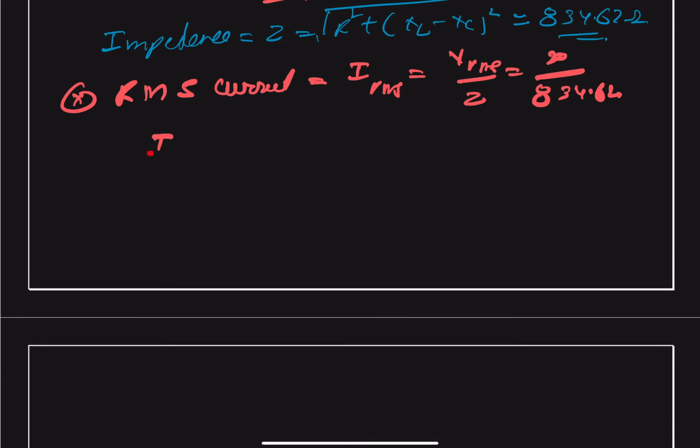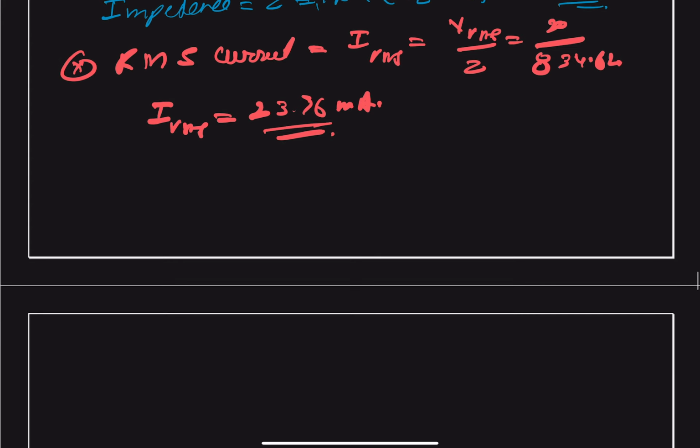So we got our IRMS approximately equal to 23.96 milliamperes. As it is a series RLC circuit, this RMS current will be flowing through all the components, that is inductor, capacitor as well as resistor. We are only interested in the resistor.